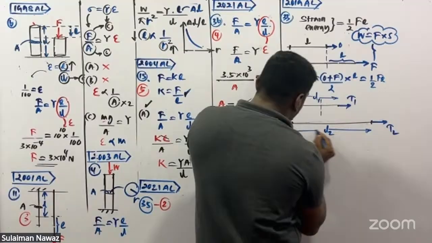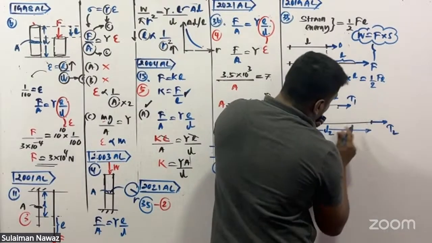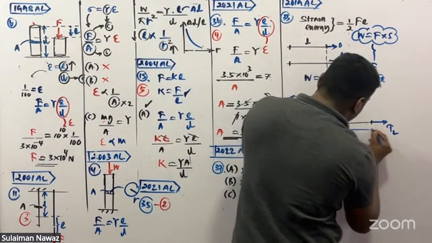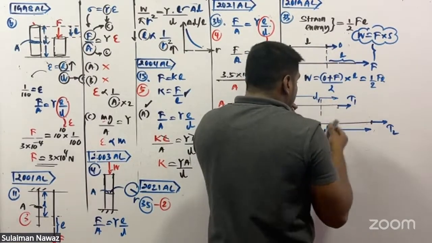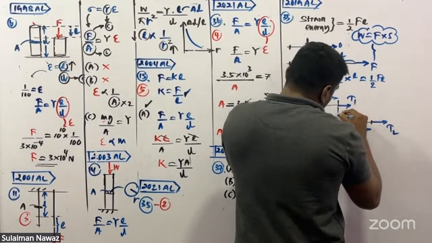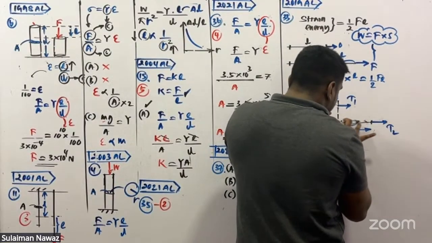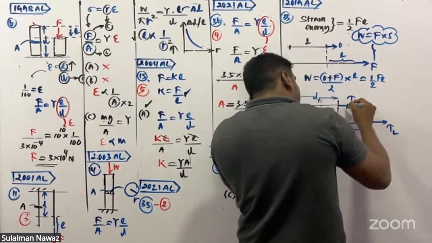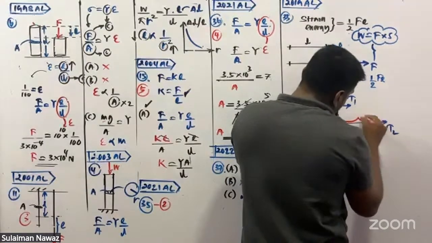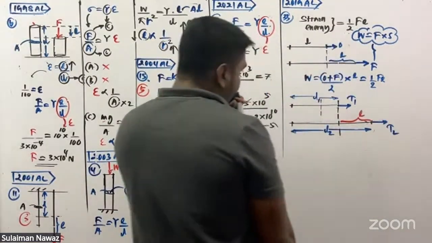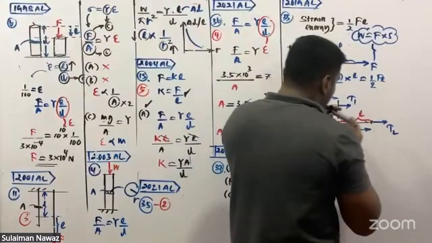If I ask you what is the extension of the rod when the tension is increased from T1 to T2, how do you find this? Simply L2 minus L1. That's it.